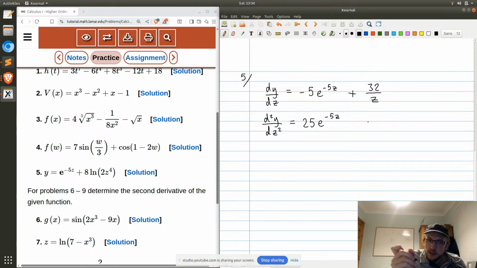That's 32z to the minus 1, is it not? Yes, it is. So minus 32z to the minus 2.